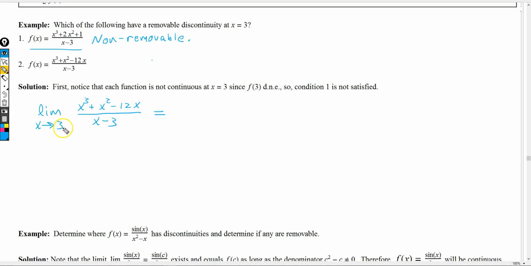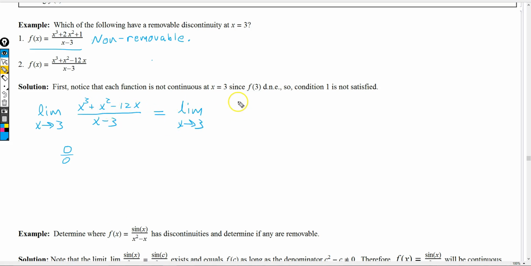Well, let's see. If we put 3 for x into the numerator and into the denominator, you'll notice that we get back 27 plus 9 minus 36. That's 0. And in the denominator, we get 0 as well. This limit has a chance of existing. So let's see if we can do some cancellation here.